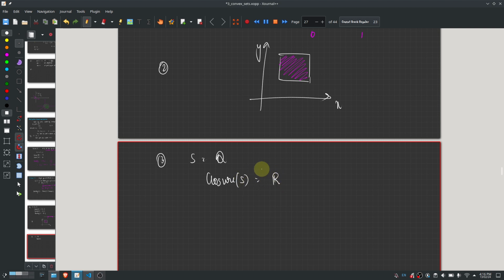This would be R, the set S plus the set of all limit points. That would be the set of real numbers. But what is the interior? Would it be Q?